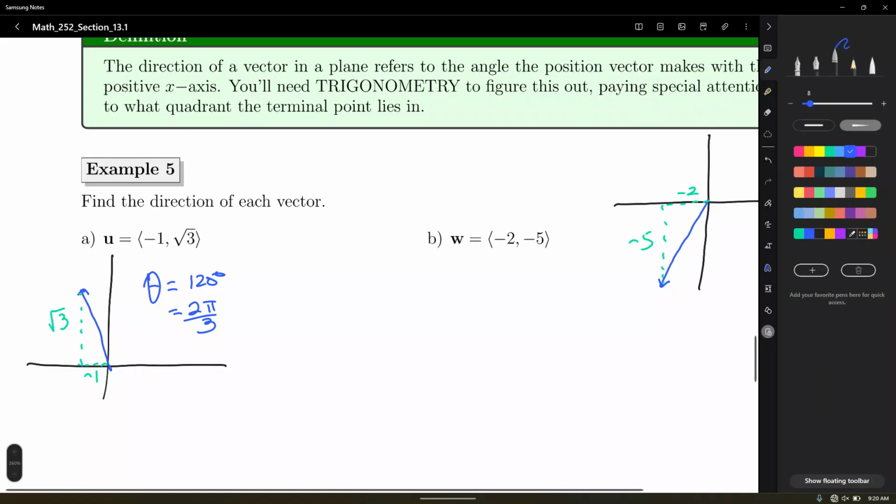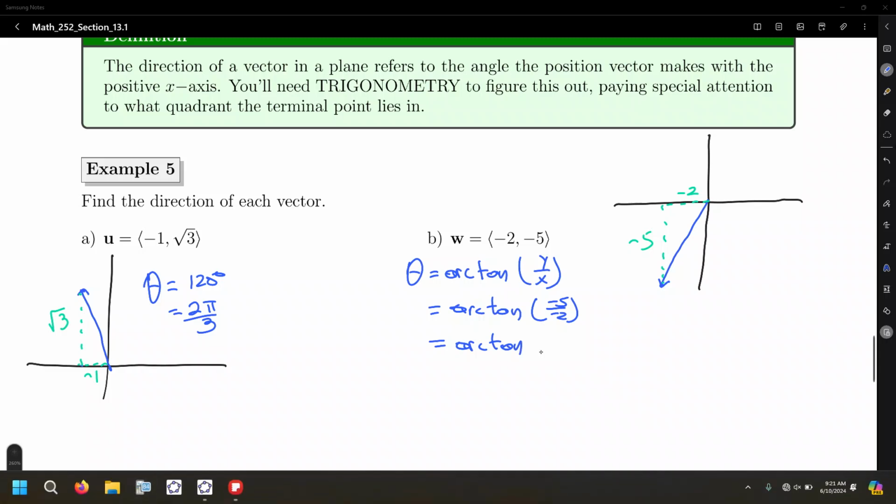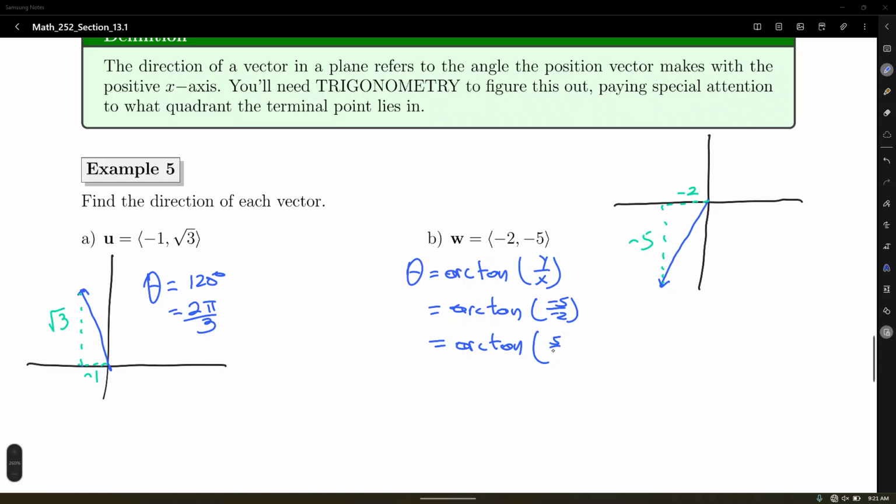So theta equals arctan of y over x. That's going to give us our angle. Now, here's the thing. Arctan of -5 over -2 equals arctan of 5/2.